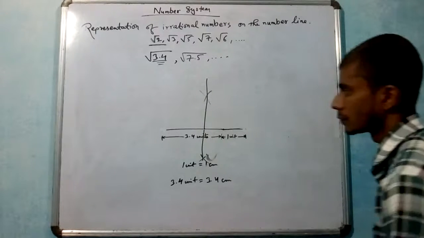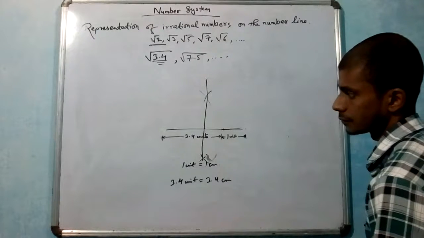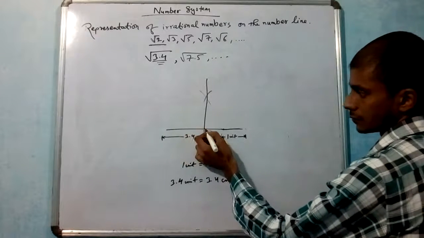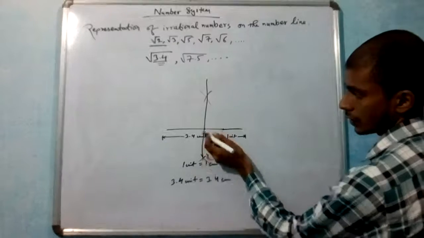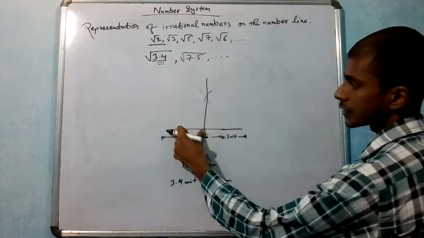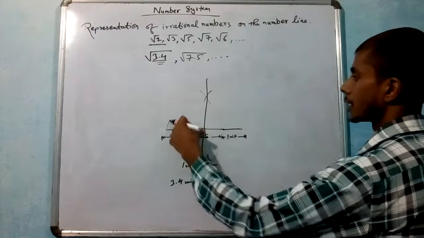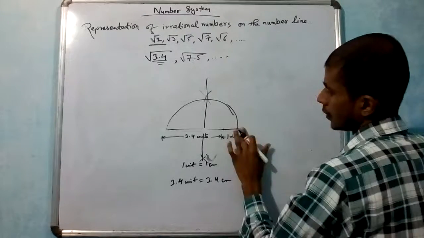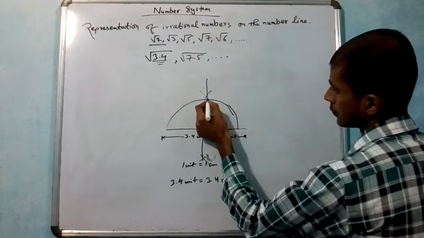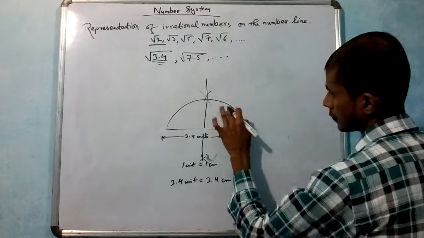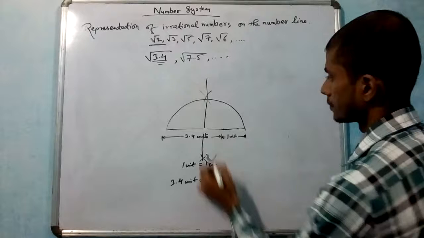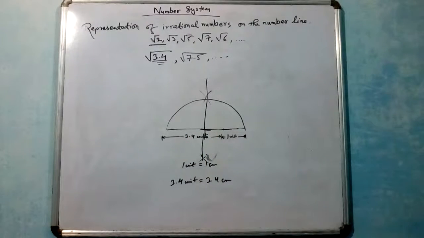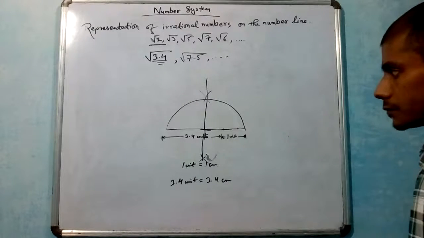After that, what to do? Keep the needle of your compass here, at the middle point. Measure this much length, and then draw a semicircle here. Okay?